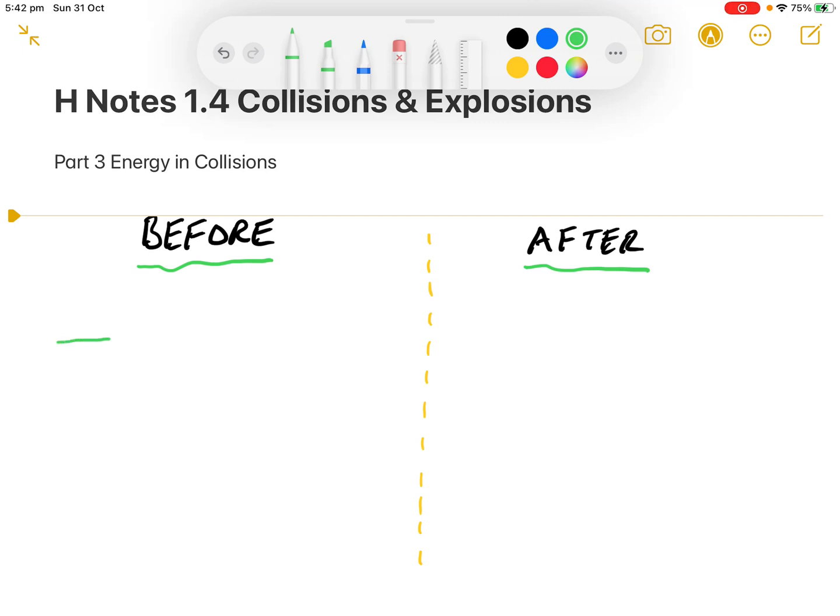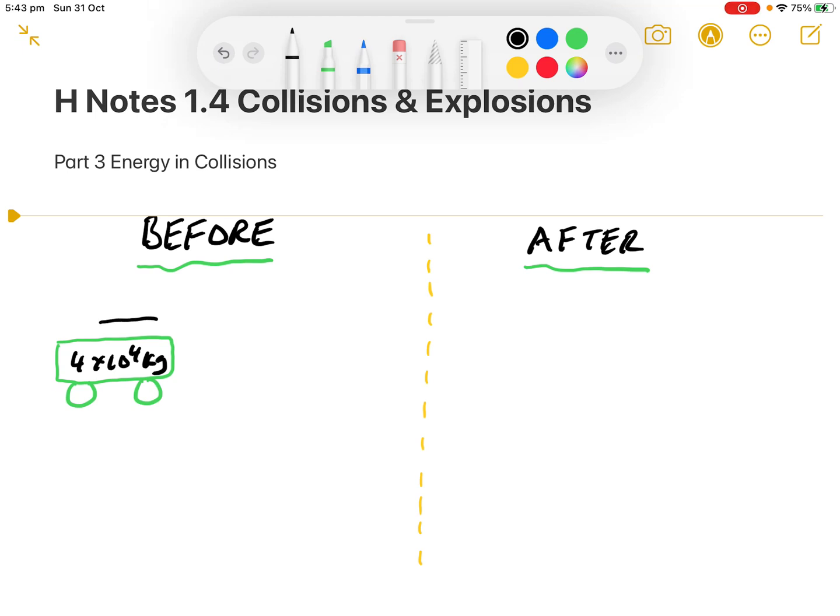So here's number one. We'll call that M1 with a mass of 4 times 10 to the 4 kilograms, let's say.